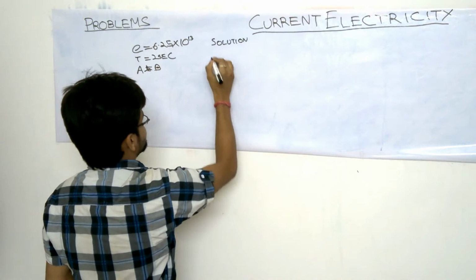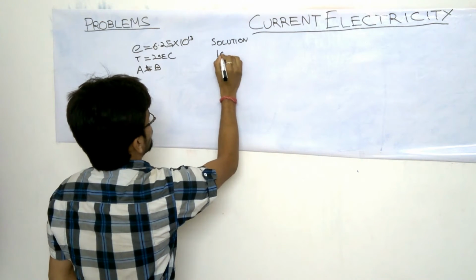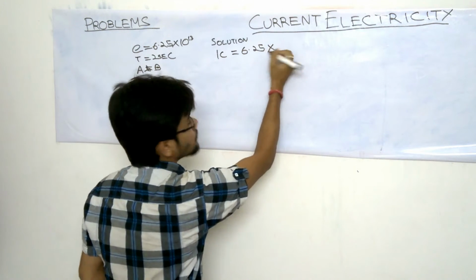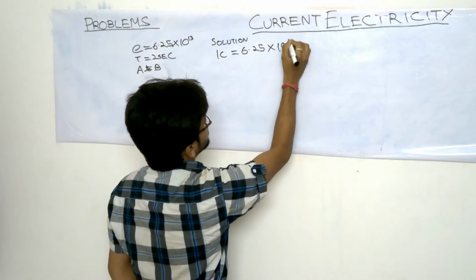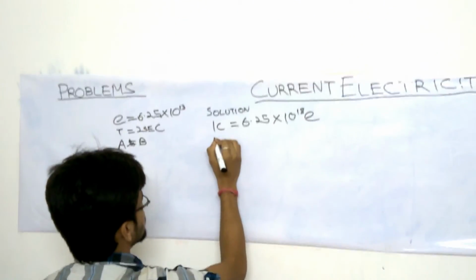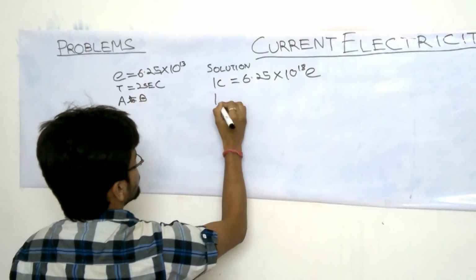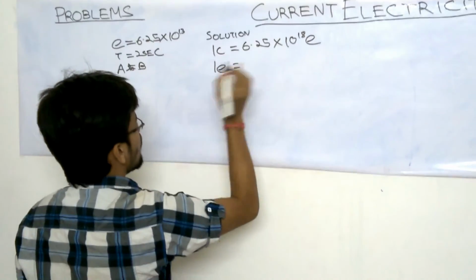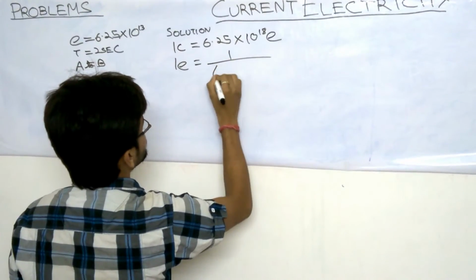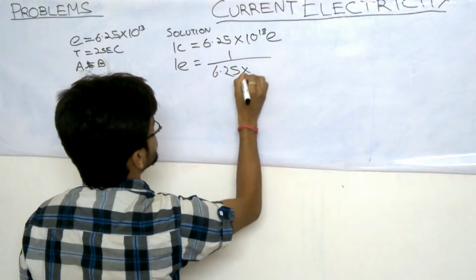Now we all know one coulomb of charge is carried by 6.25 into 10 to the power 18 electrons, right? What we'll do here, we need to find the charge of 1 electron. That will be 1 by 6.25 into 10 to the power 18.